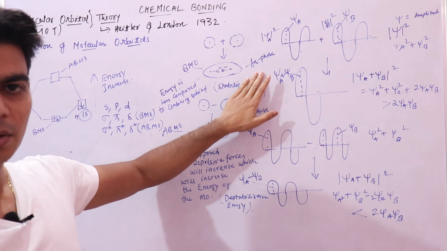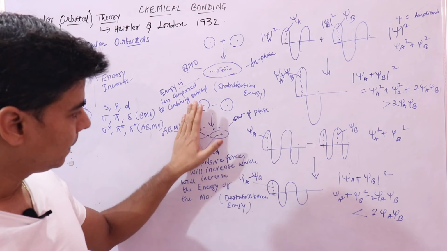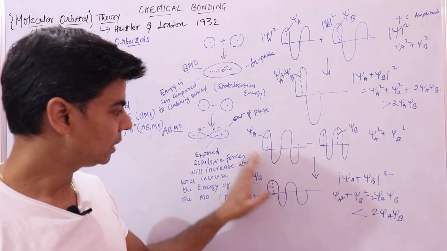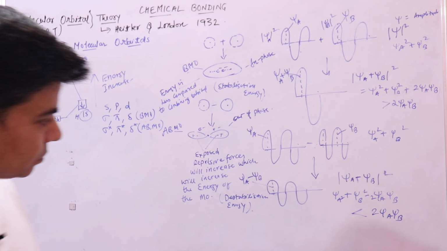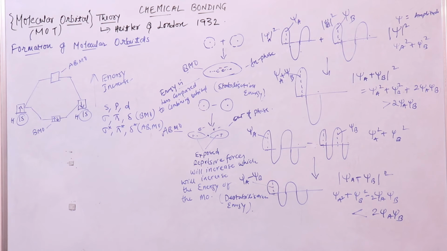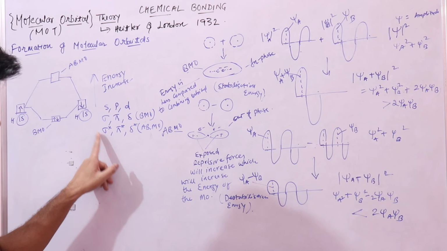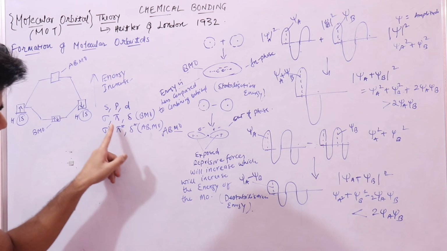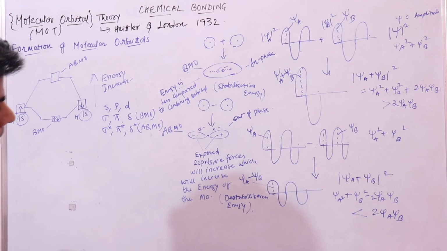In bonding molecular orbitals, electrons spend most of their time in the internuclear region; in anti-bonding, they spend less time there. Anti-bonding orbitals are represented by sigma star, pi star, and bonding orbitals by sigma and pi.